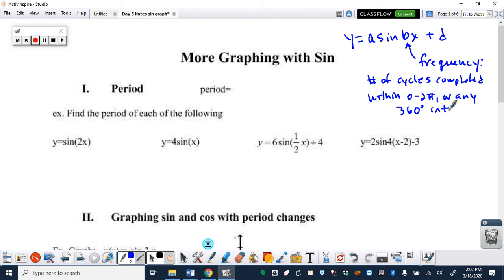It doesn't necessarily have to be 0 to 2 pi, but traditionally we use 0 to 2 pi. Within any 360-degree interval, that's going to give us how many complete cycles we're going to see.